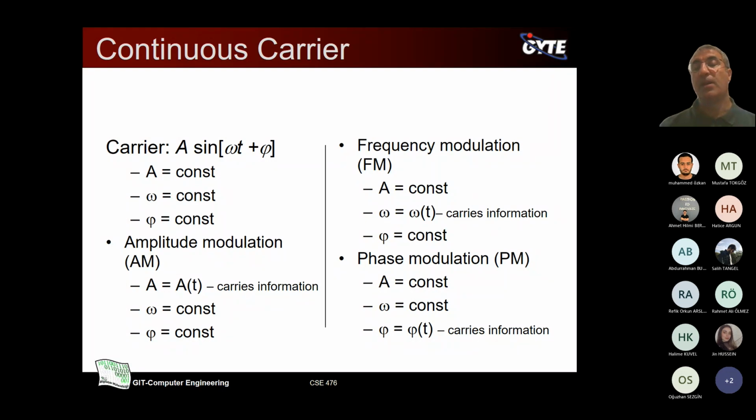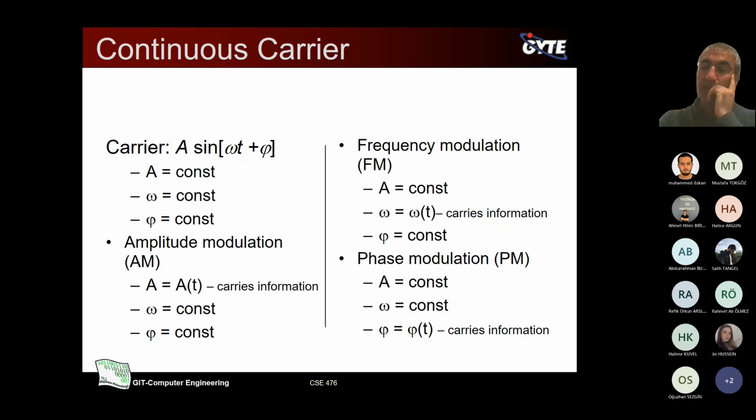Let's say for bit 1, the frequency is going to be f1. For bit 0 it is going to be f2. That's why we call it frequency modulation, FM. And this also is a popular technology that we use for the radio at your car and at your home.